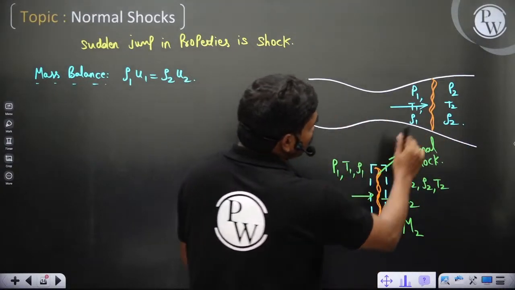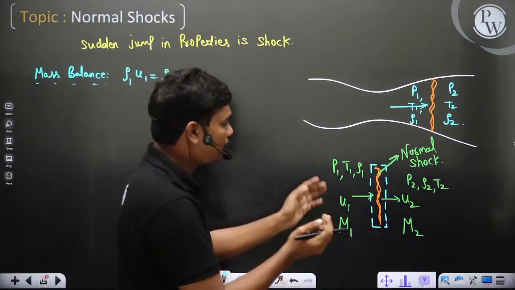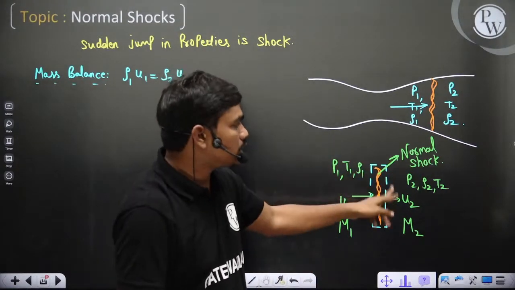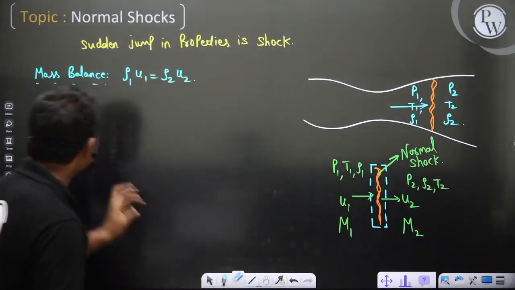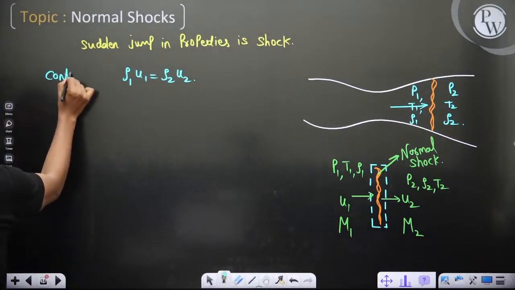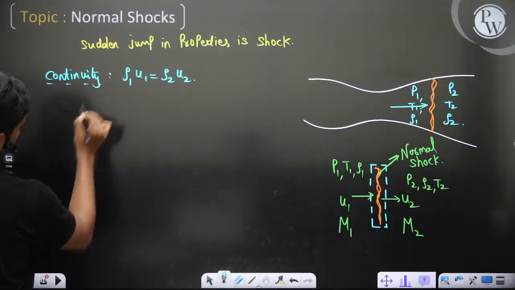So if you take the area of cross section of the shock as fixed between the inlet and outlet, because within the small narrow region the area doesn't change much, this is from the continuity equation. So continuity gives you this.